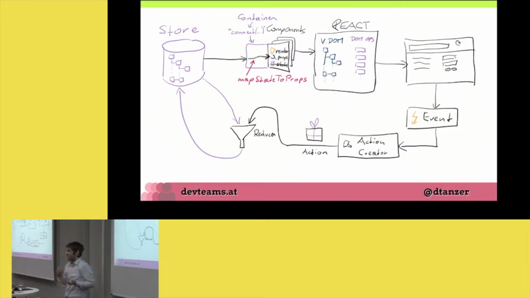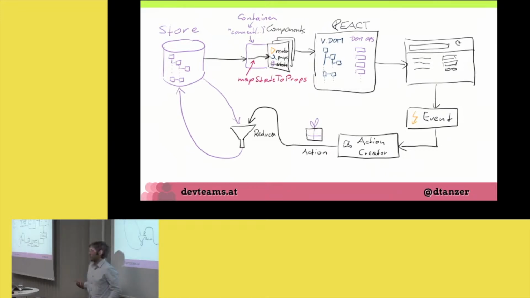The way back is still not automatic, so there is a DOM event. And in this case, with Redux, we call a pure function, an action creator, which gets the event and creates an object that's called an action, an object that describes what happened in this event.